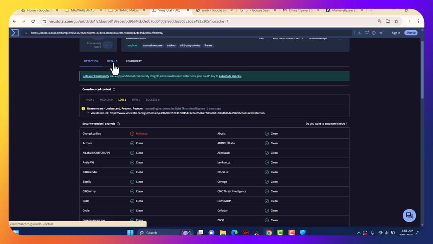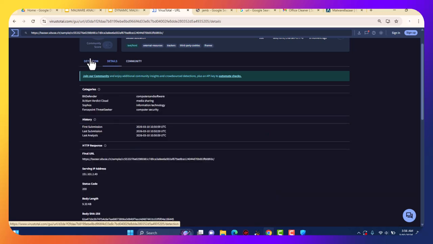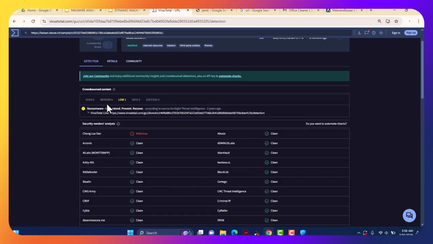If you go to details, first go to detection. You see where it tells us it's high, medium, low, info, and success. You see different aspects. If it says high, that means this malware is a high-risk one. But it's a low.